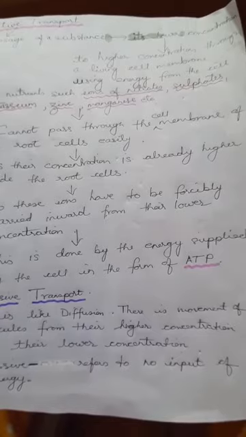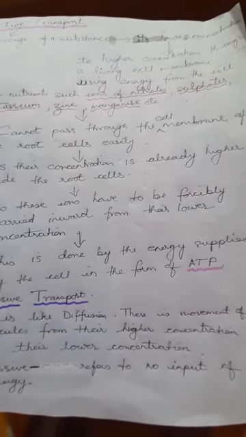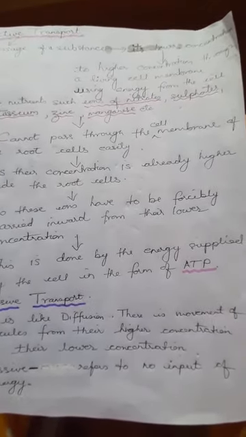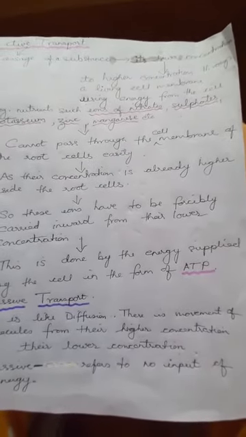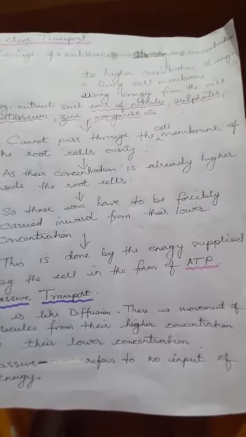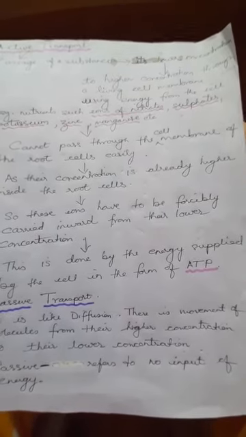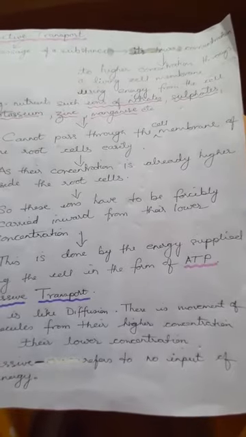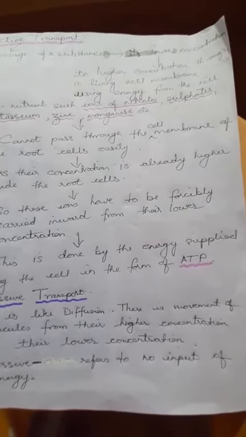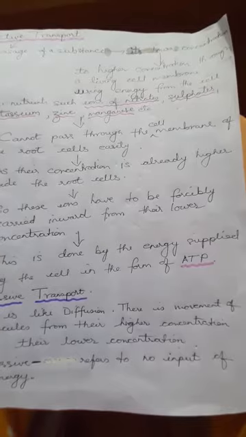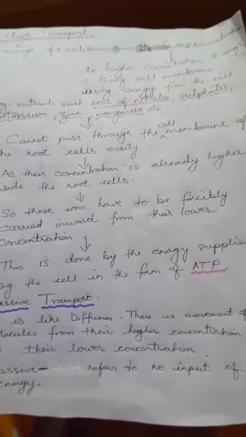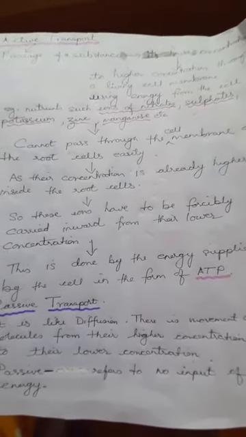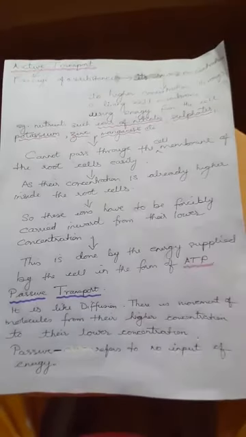So long as a higher concentration is maintained inside the cell sap of the root, water is absorbed. As the concentration is already higher inside the root cells, these ions have to be forcibly carried inside if they have to move from a lower to a higher concentration. Okay, because inside it's already high. So how are they taken in forcibly? This is by applying energy, that is ATP.